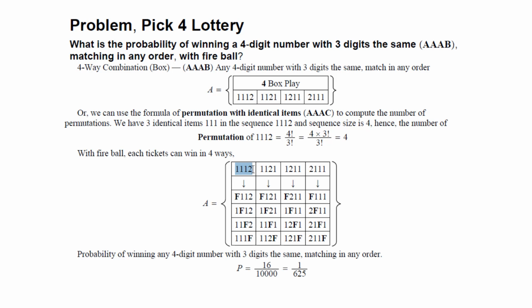So for this ticket, we have 4 winning tickets, and for the second ticket, we also have 4. So now we have 4 times 4. We have 16 possible outcomes of winning a 4-box play with a fireball, and the probability in such case is 16 divided by 10,000, which is 1 out of 625 chances.